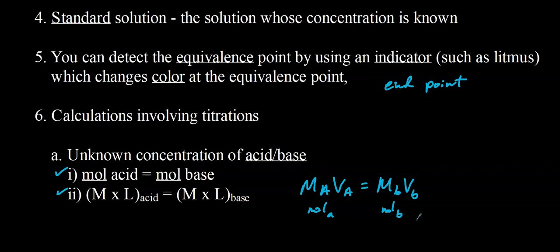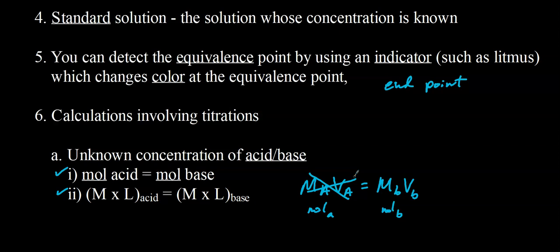So let's say that the acid that you are working with is a solid. Well, we can't say MAVA equals MBVB. Suppose you're titrating a solid acid with a solution of a base. The form that we'll use is this. Moles of acid equals MBVB.